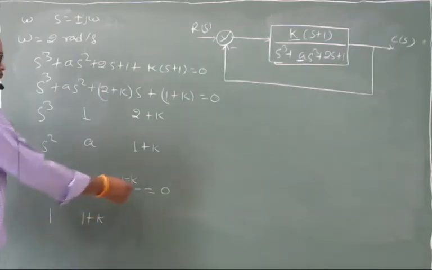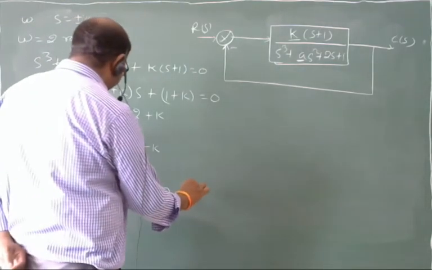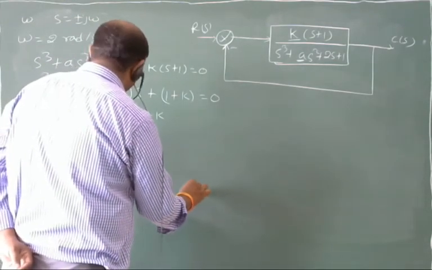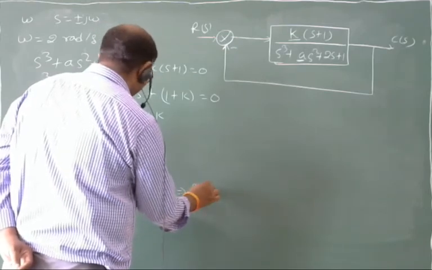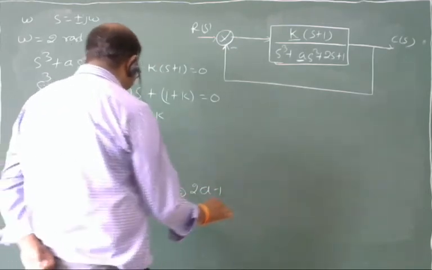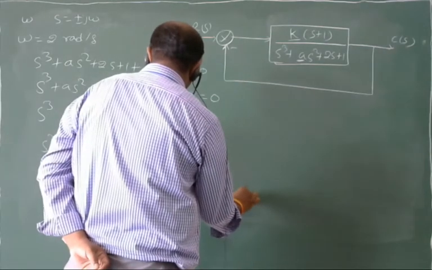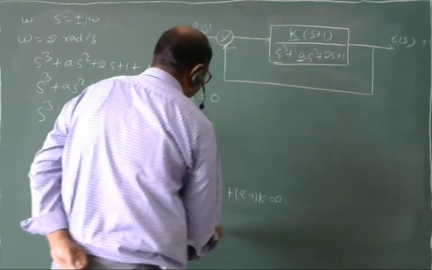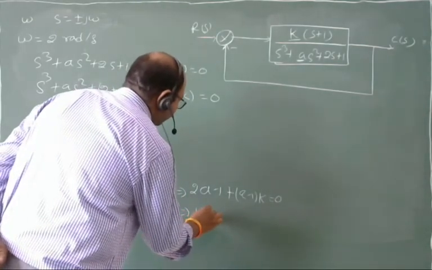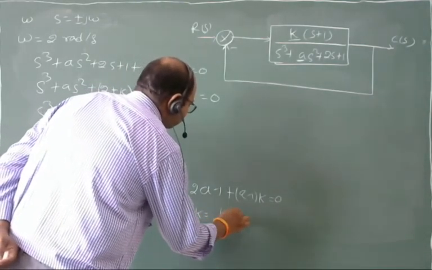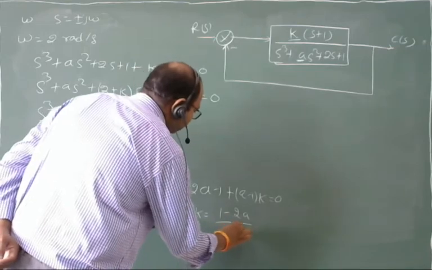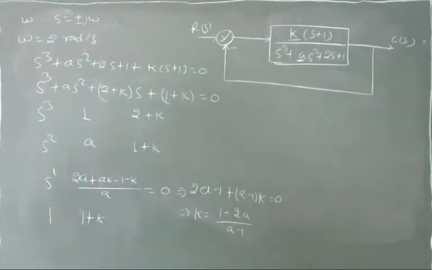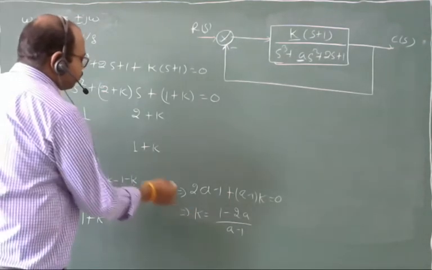And as this value is 0, we find that 2a minus 1 plus (a minus 1)k is equal to 0, and k is equal to (1 minus 2a) divided by (a minus 1).